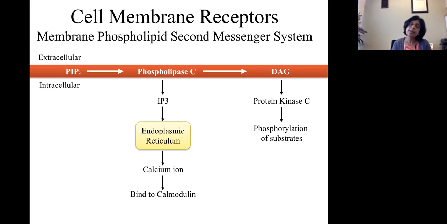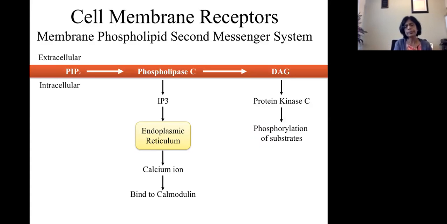Cyclic AMP is often referred to as the second messenger. Why? Because the first messenger, the hormone, is outside of the cell, is not able to arrive inside to trigger changes within the cell. So it is cyclic AMP that turns on the events within the cell, and therefore it's the second messenger.